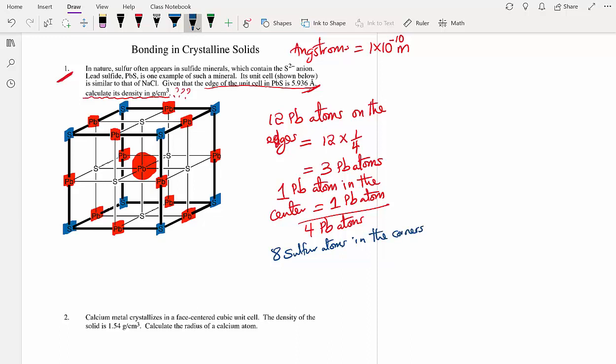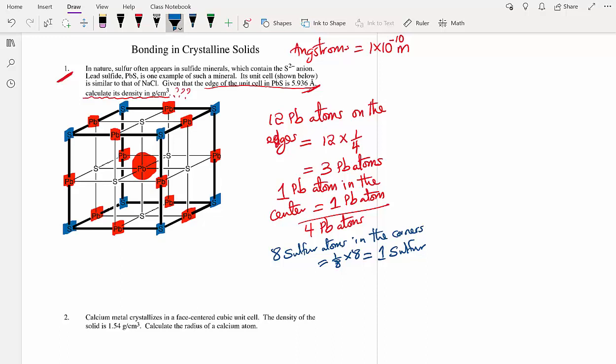That will work out to 1/8 times 8, which will be equal to 1 sulfur atom. Why 1/8? Because each corner of a unit cell is shared by 8 unit cells.